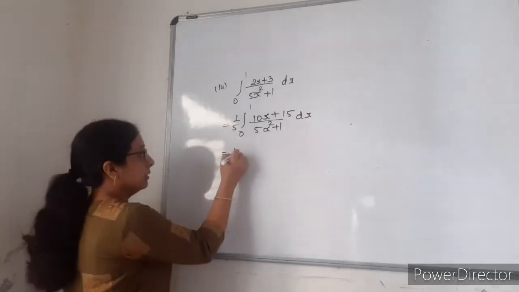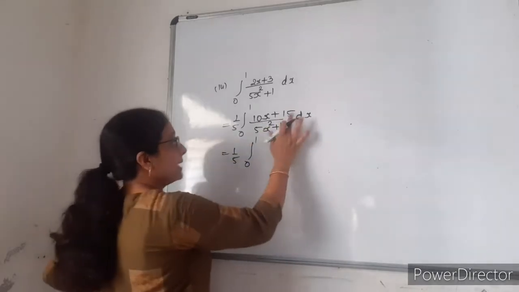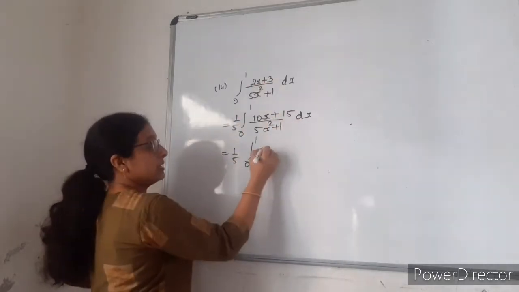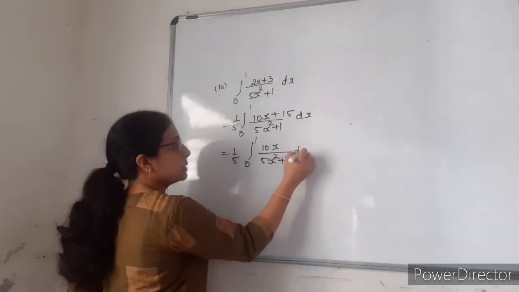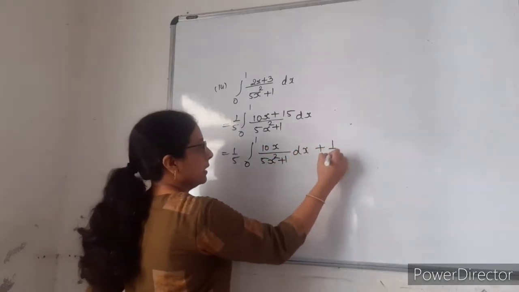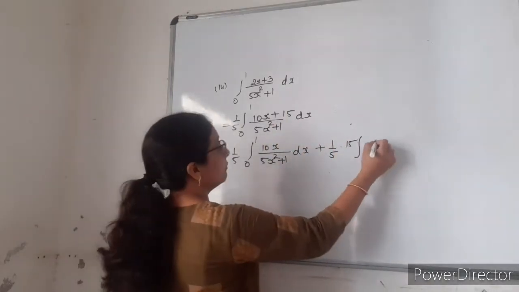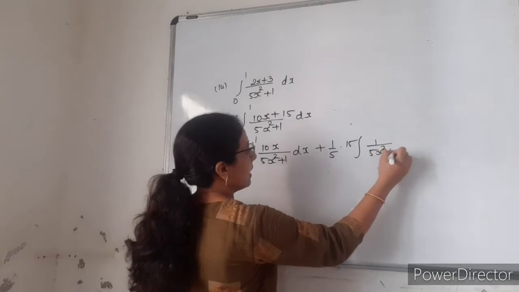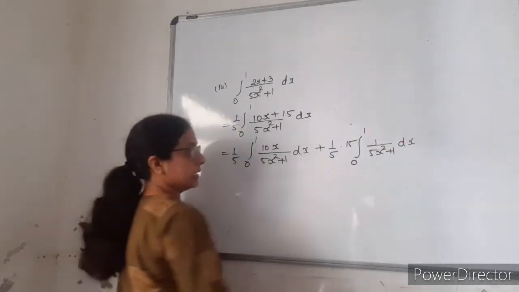Then 1 by 5, 0 to 1, this is 10x plus 15. So here 10x upon 5x square plus 1 dx, plus 1 by 5, this 15 outside, integration of 1 upon 5x square plus 1 dx. So 0 to 1 is the limit.